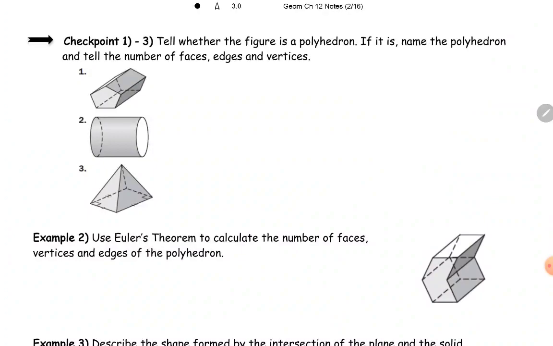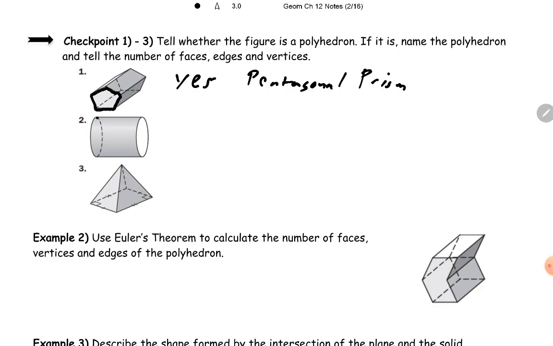All right, let's do that again. So this is a pentagonal prism because the base, now it's sitting sideways, but the base is the 2 pentagons. So there's always a top and bottom. Even though it's sitting on the rectangle, that is not the base.